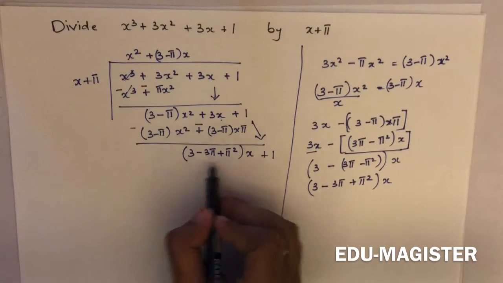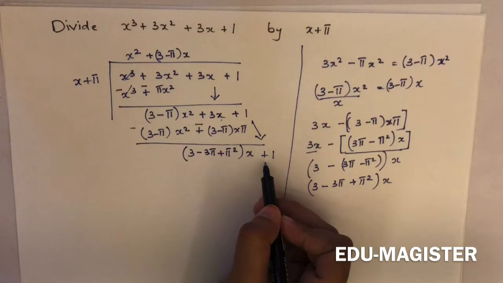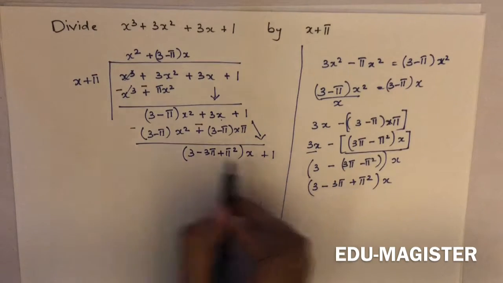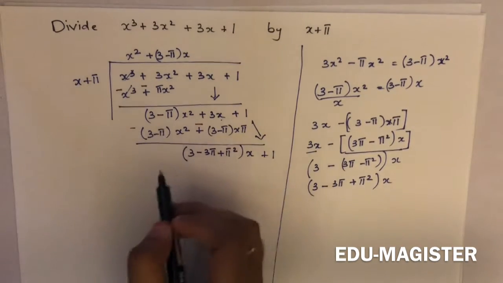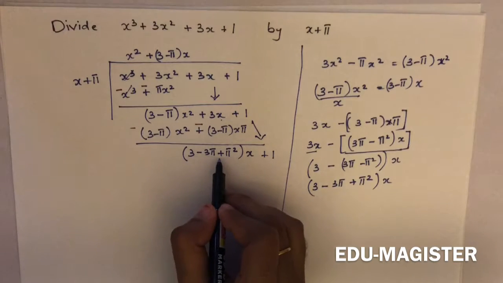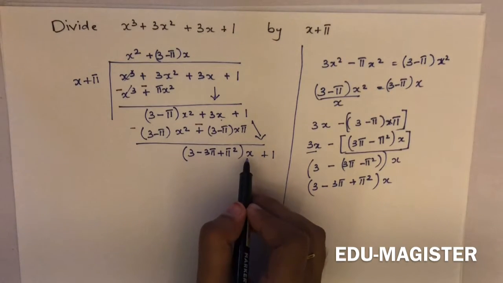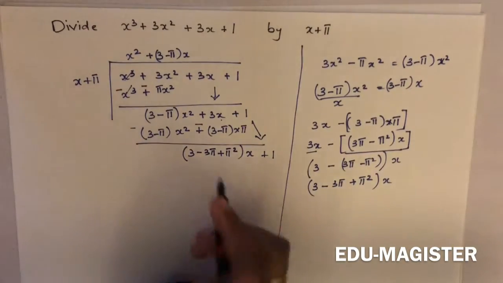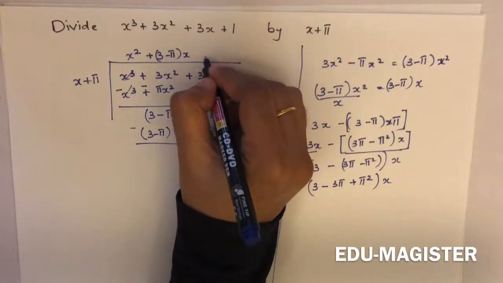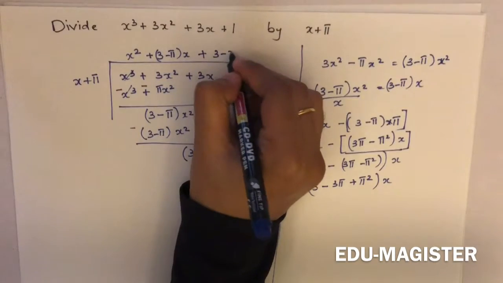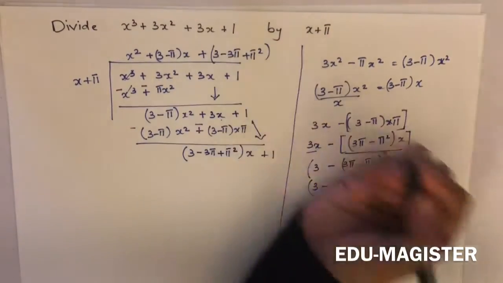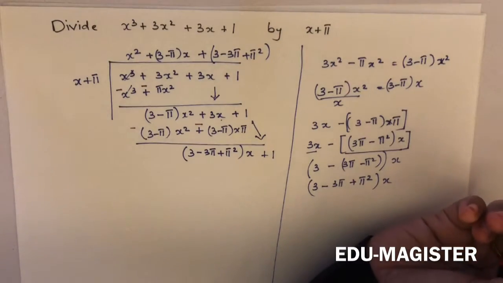Now again, taking this as your new dividend, let's divide the first term with x. So that will be 3 minus 3 pi plus pi square multiplied by x divided by x. So this x and that x will get cancelled, and remaining we'll have 3 minus 3 pi plus pi square. Don't forget about the brackets again, it's important.